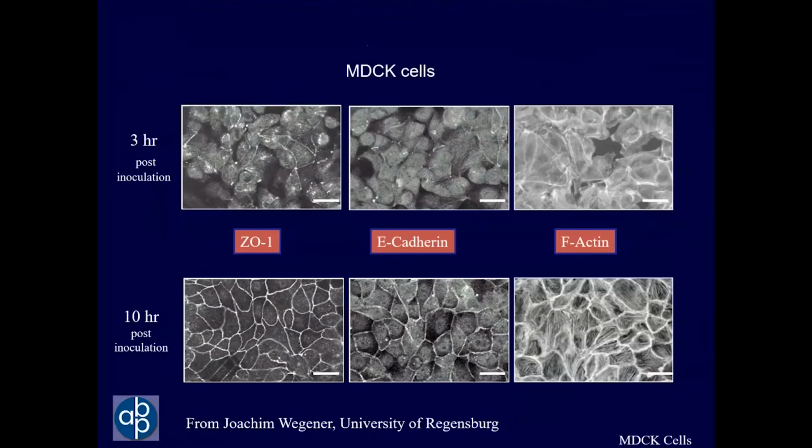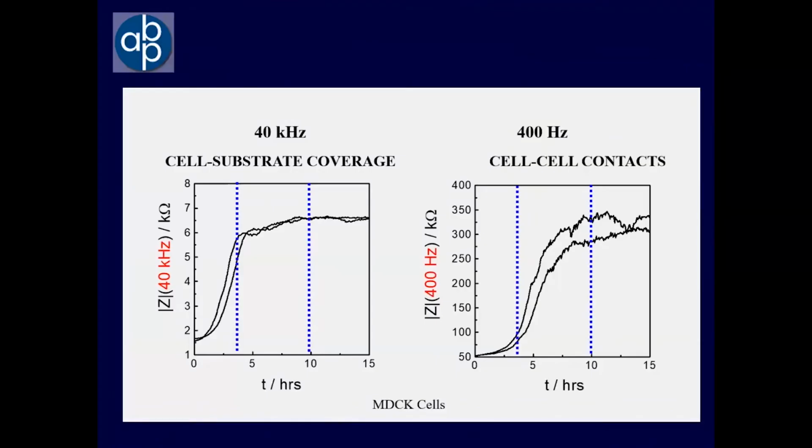These stains are now localized at the junctions between the cells, and also we see the F-actin, the microfilaments, taking a very different pattern. What this is saying is that by simply changing the frequency from 40,000 hertz to 400 hertz, we can look at 2 different aspects of cell behavior.